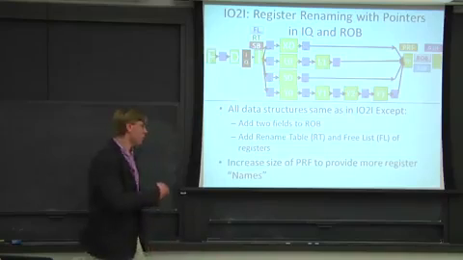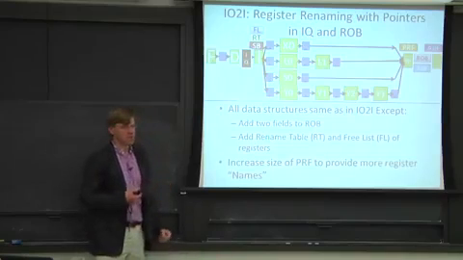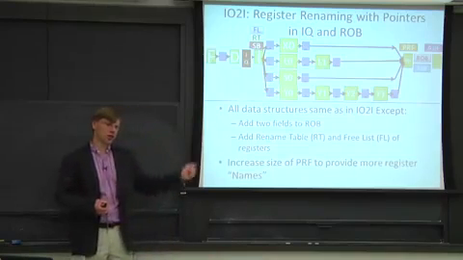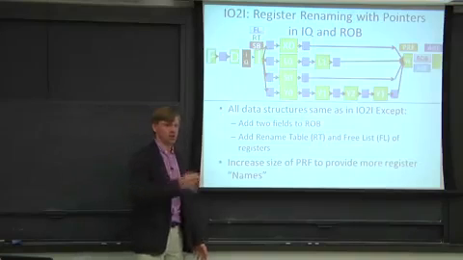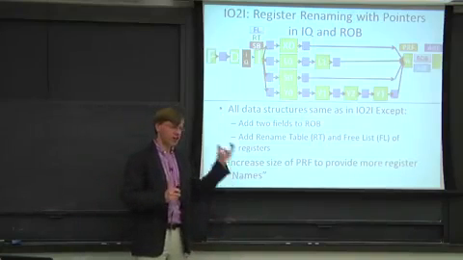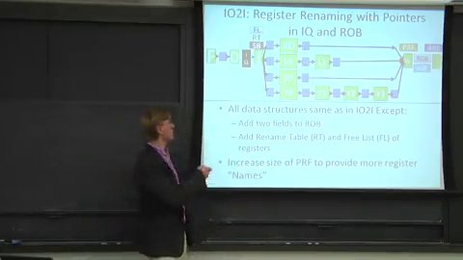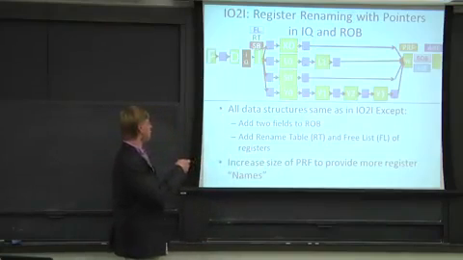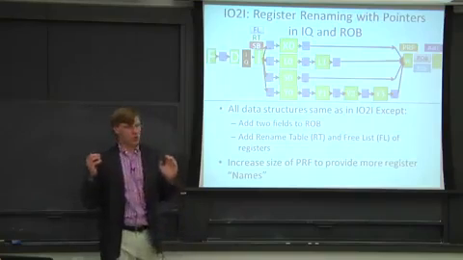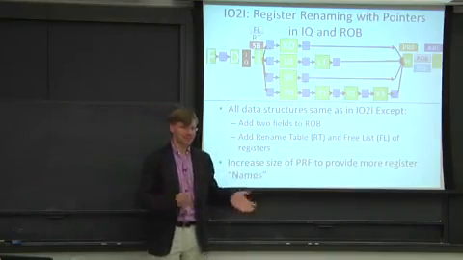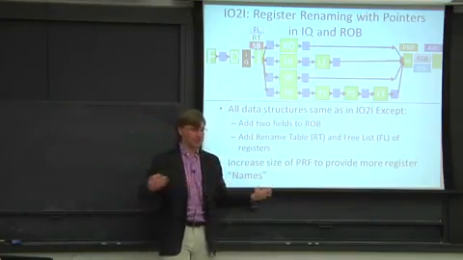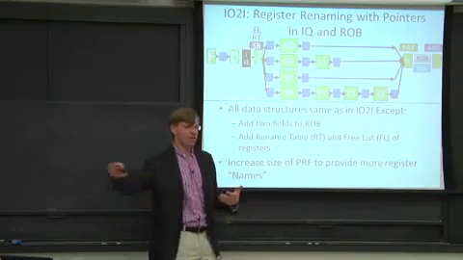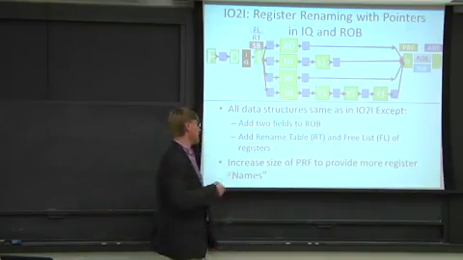And what this table does is it's going to map from architectural register to the most up-to-date version in our physical register file. So it's going to say, we have an instruction that's sitting here at our decode stage. Where do we go find the value? Because this gets complicated. We just renamed everything. We have different names for everything. It's in some physical registers. We need to go figure out where that value is. And that's what this table does.